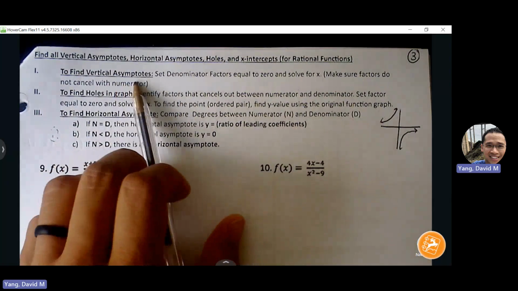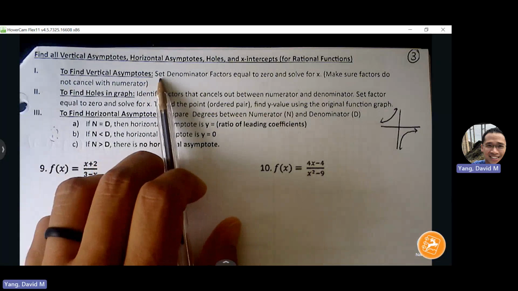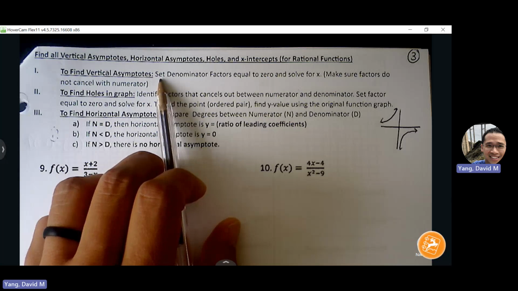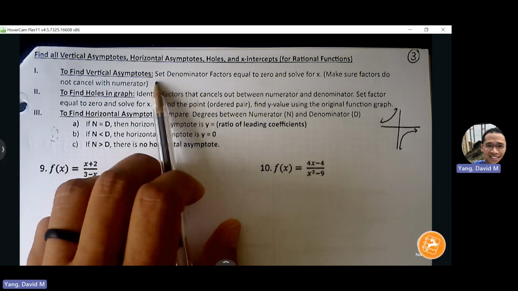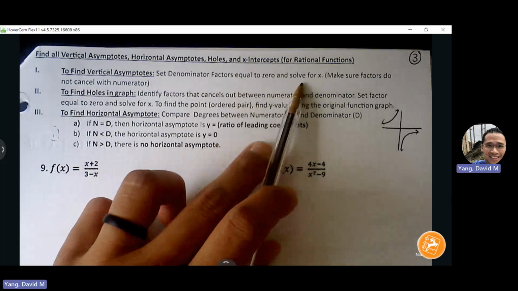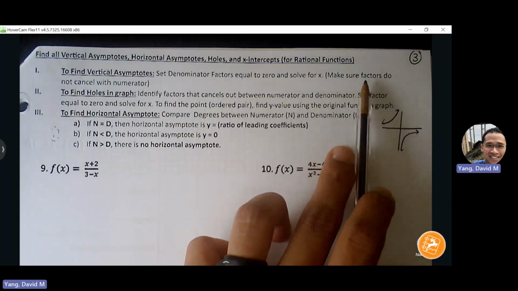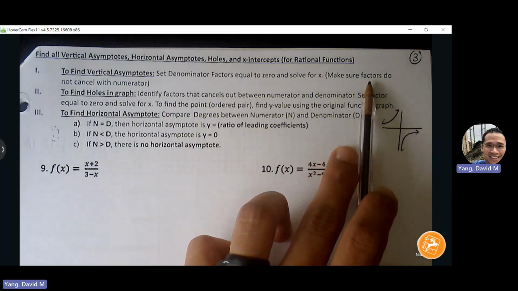So vertical asymptotes are places where the graph doesn't exist, where you can draw an imaginary vertical line that the graph will never cross. The way we find a vertical asymptote, we set the denominator equal to 0 and solve for x. Make sure that whatever denominator factors we find are not going to match with the numerator.